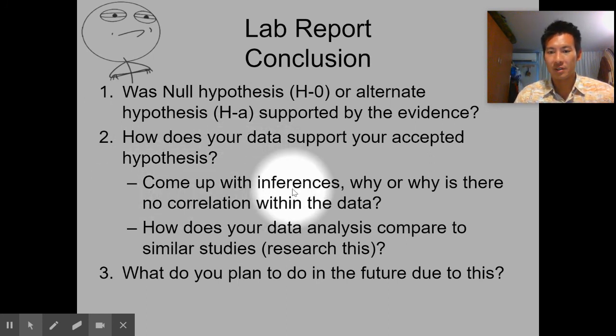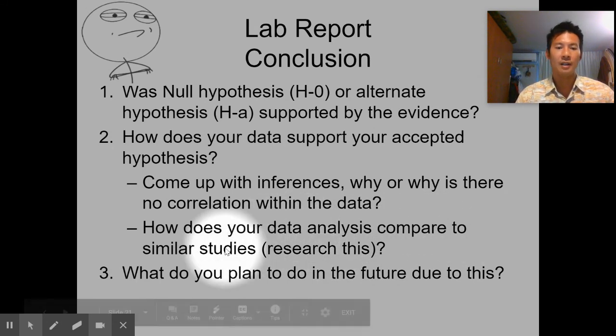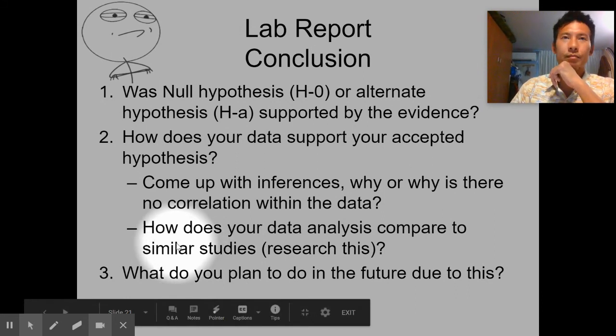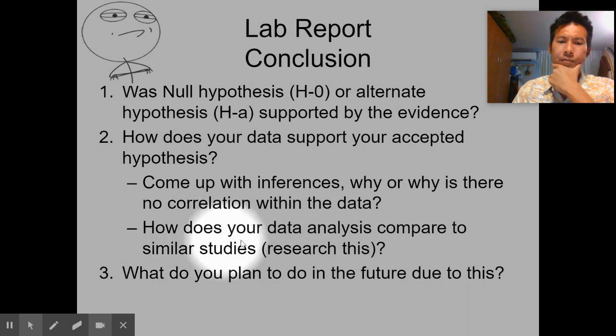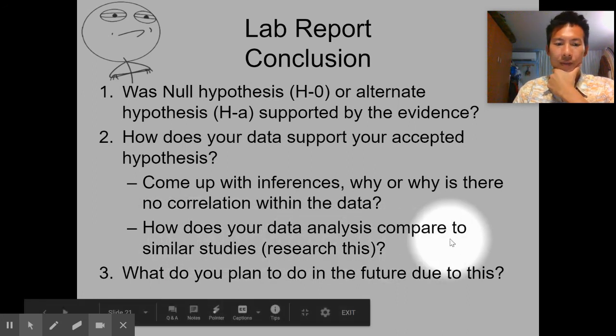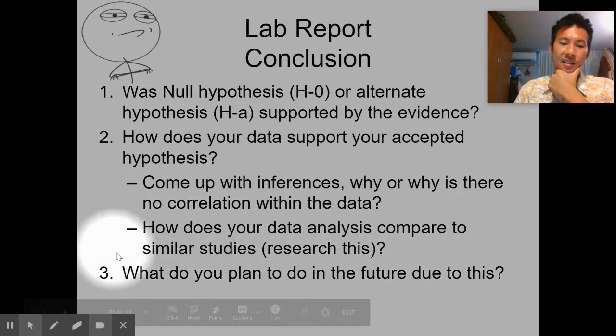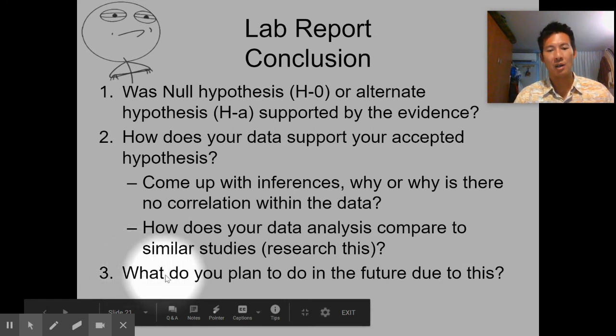Come up with inferences, and compare to similar studies. There should be a lot of collaborators in similar studies, whether it's looked up or a co-collaborator from another class or something. And then lastly, you just want to finish with what future studies you want to do.